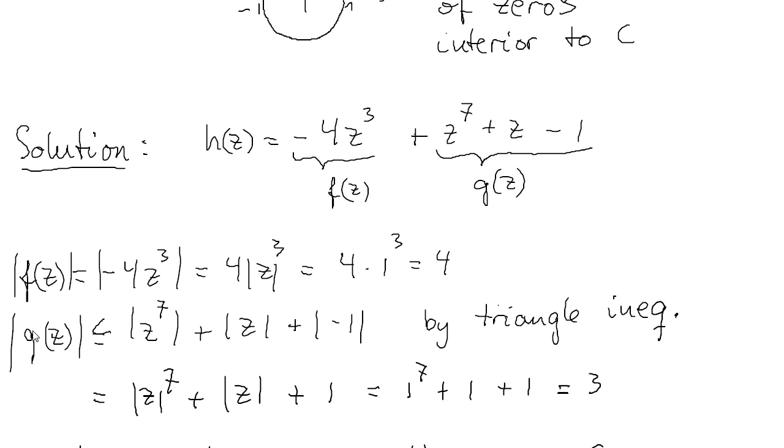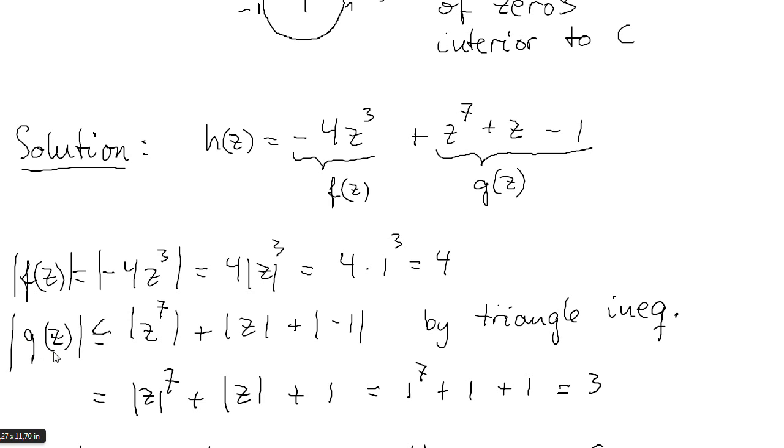Let's consider the absolute value of g of z. g of z is this function. We are then using either the triangle inequality or the reversed triangle inequality, as we have used several times before.